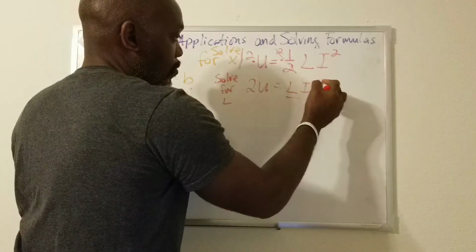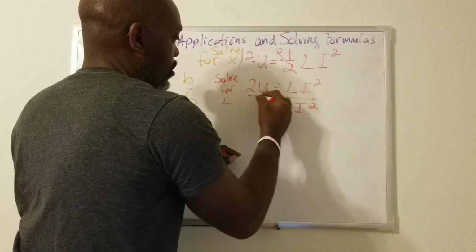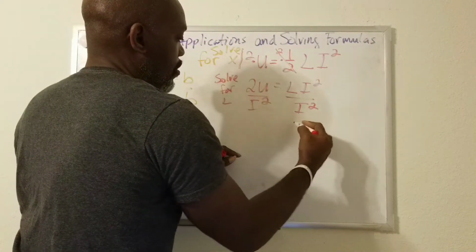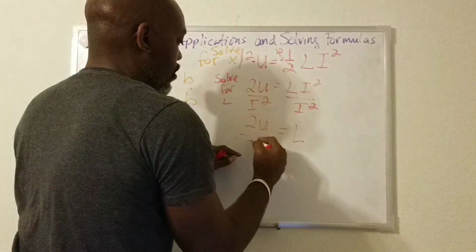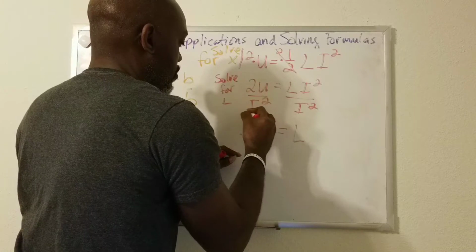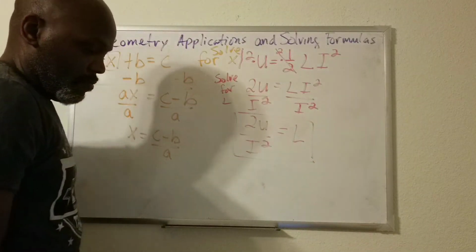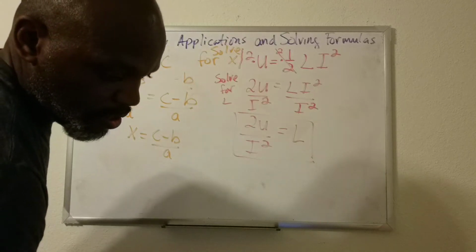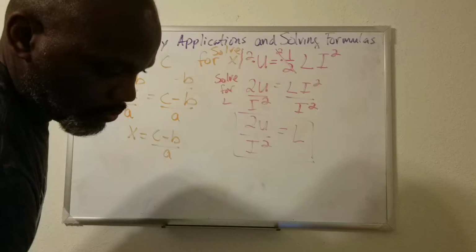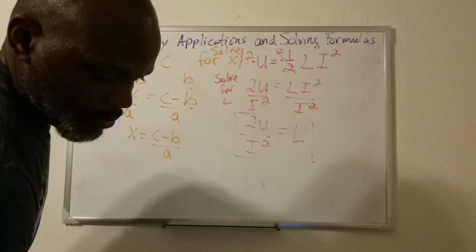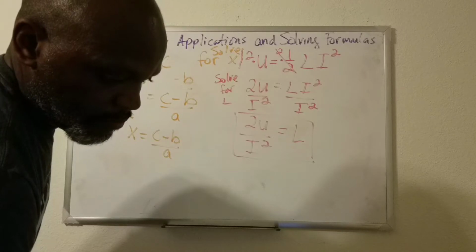Because we're multiplying, remember? So we're going to divide both sides by I squared. So our answer ends up being 2u over I squared. That's your answer. Okay, and there's no way to check it other than to resolve it. Okay, pretty challenging. I get it.